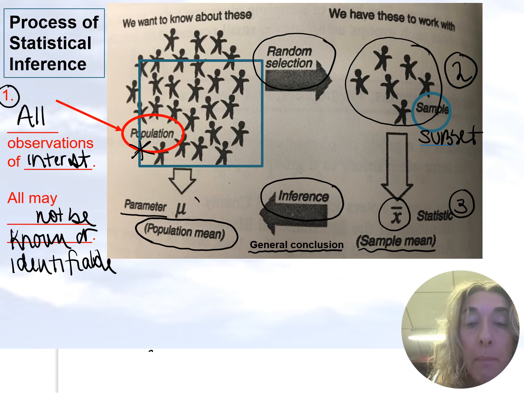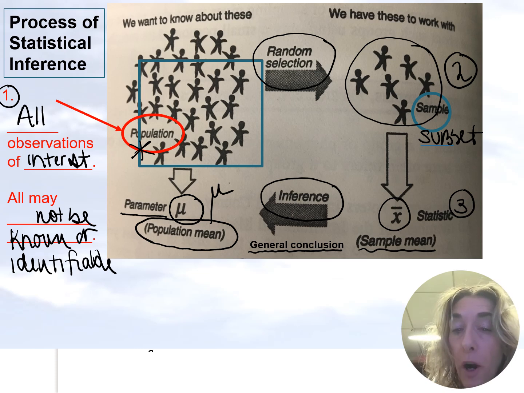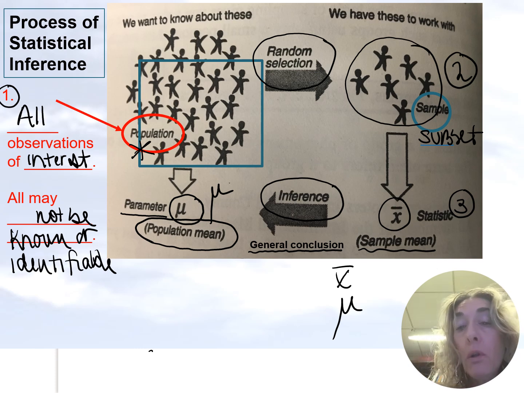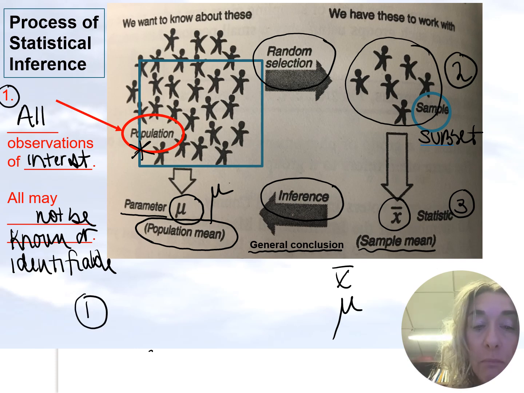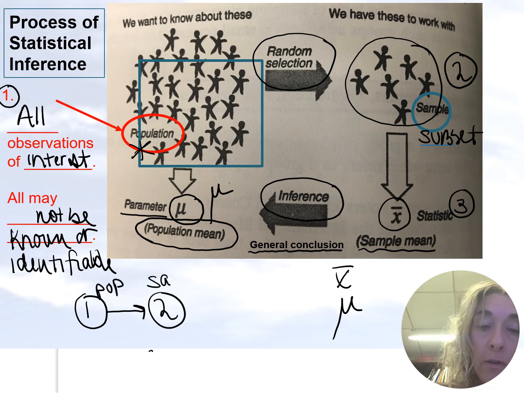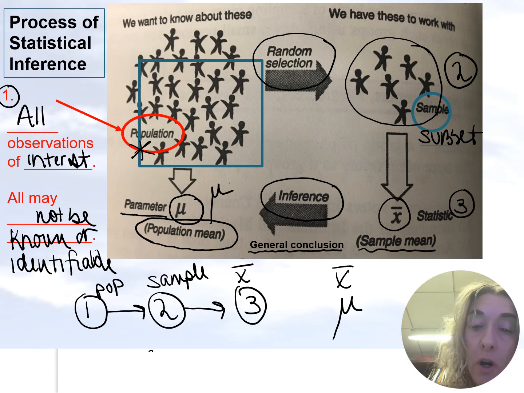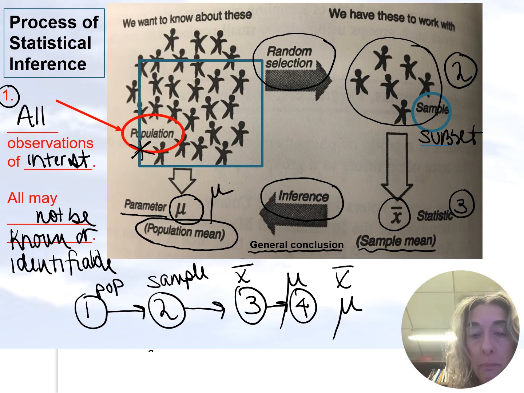The parameter value for the population mean is given by the Greek letter mu. So X bar, sample average; mu, population average. The process of statistical inference goes from population to sample to statistic, such as X bar, to parameter, such as mu.